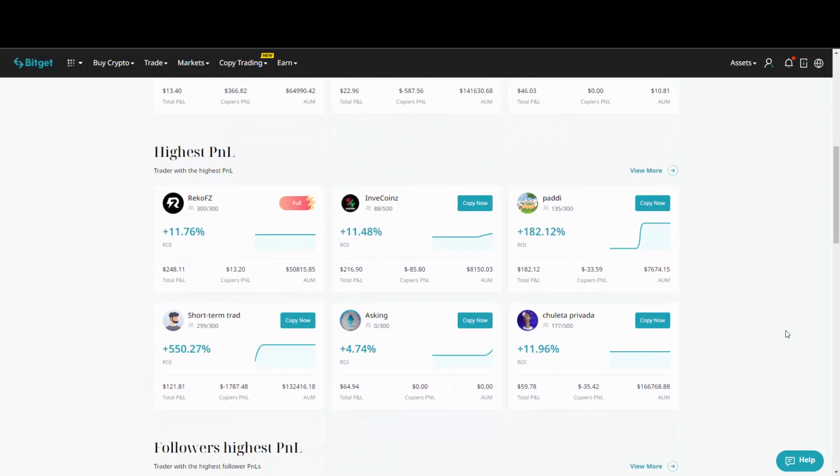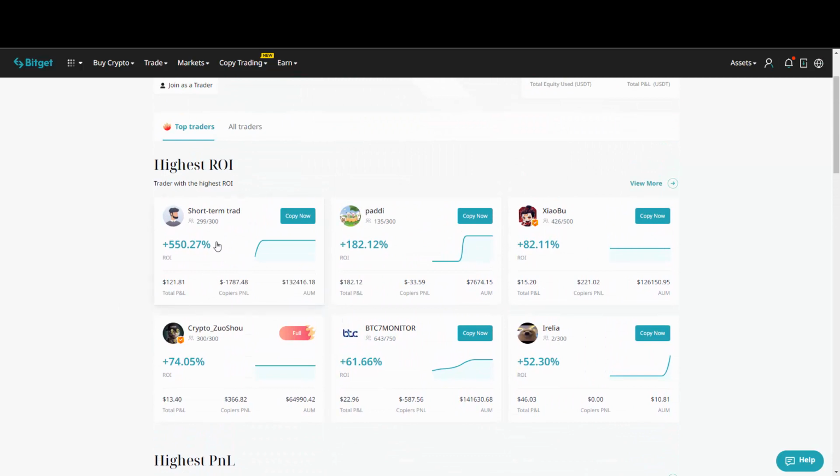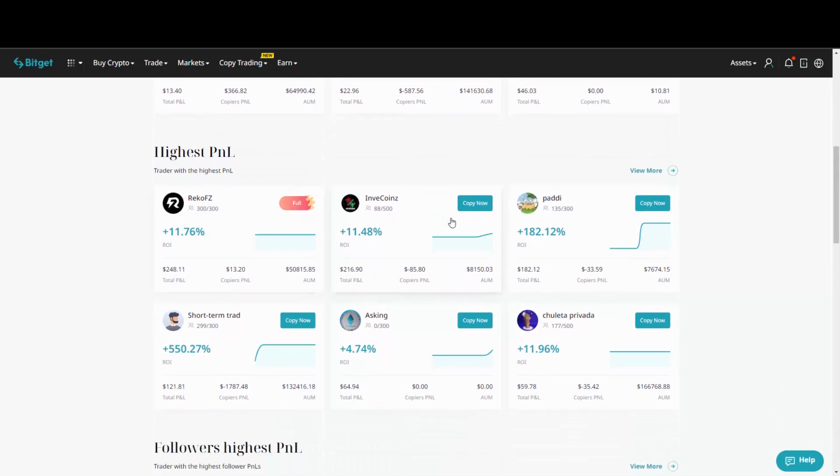They also have another category in which you're going to have the highest profits and losses. You're going to see this one is already full. These are not necessarily the same as above, but you're going to see, for example, short-term trade and Patty. They are also here as well.